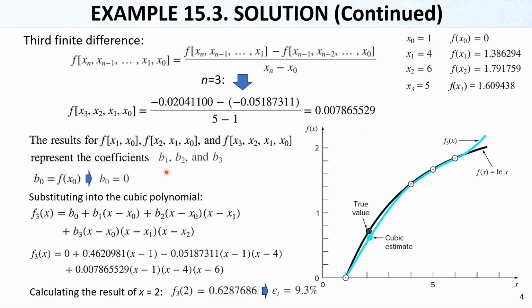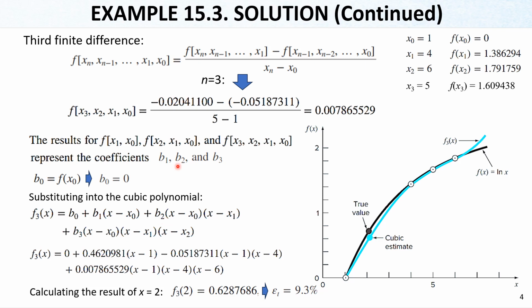Now we can use these for finding the coefficients, and we will have b1, b2, b3, and b0 as well. b0 is simply f(x0), so just use that. Then use these b1, b2, b3. b1 is the first finite divided difference we found previously, which is 0.462098.